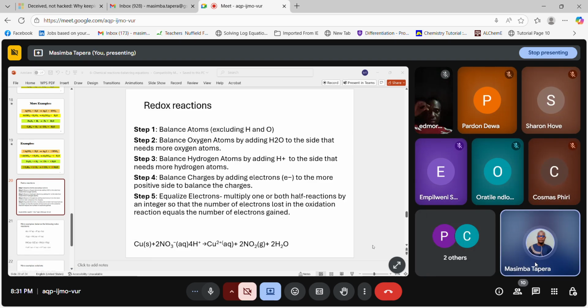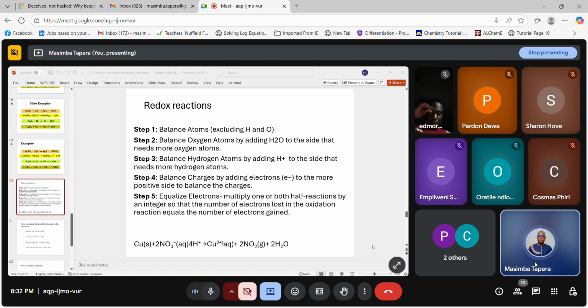In some cases, these redox reactions are given as half reactions. So when you're balancing redox reactions, there are some steps. Step one is to balance other atoms excluding hydrogen and oxygen. You start by balancing some other atoms. You'll see in one of the examples that we are going to try.